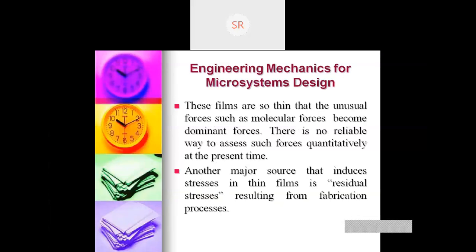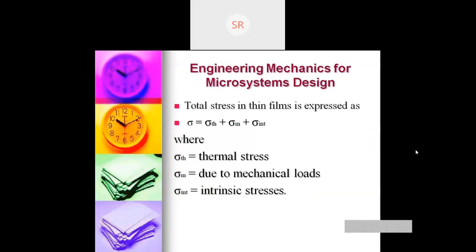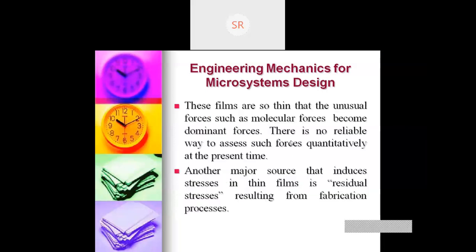In order to calculate the stress falling onto the thin film, say now the films are so thin that the usual force, such as the molecular force, becomes a dominant force.